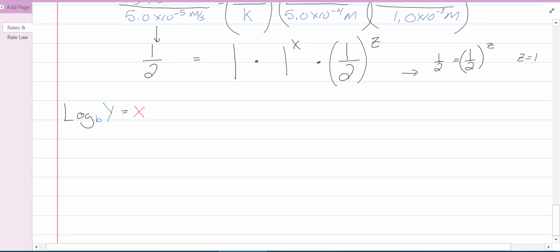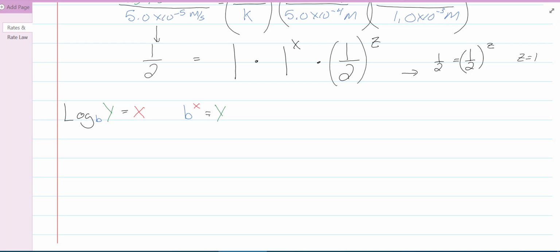And rearranging that, b to the x equals y. I don't know if you remember that from the logs. It's okay if you don't. You can always reference that. That's not a big deal.